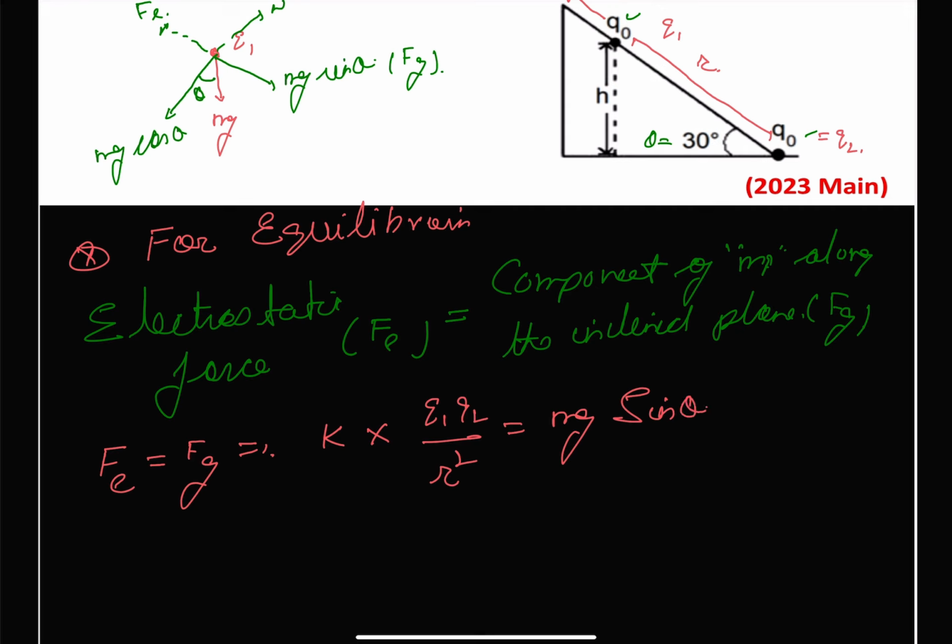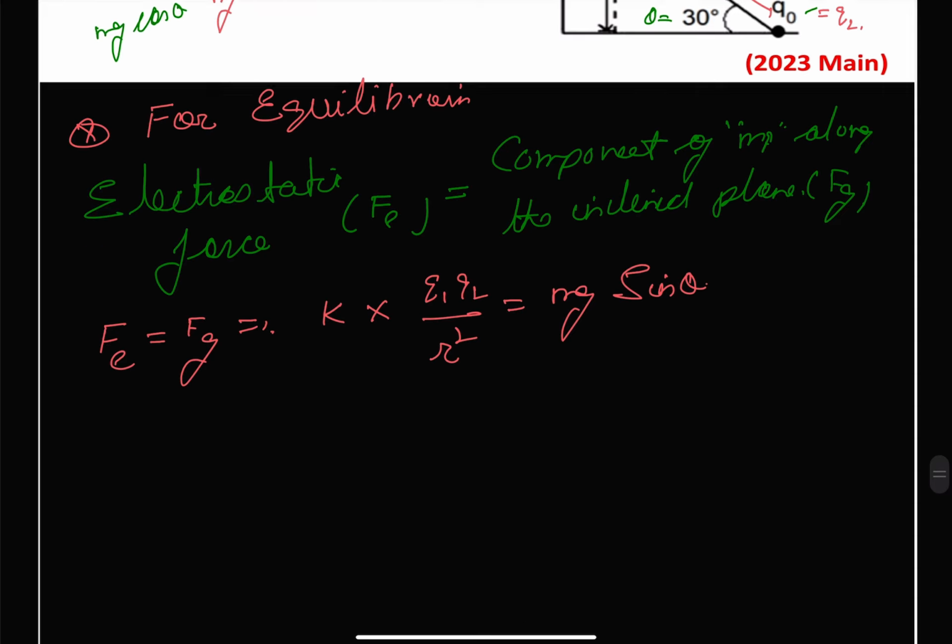And from the figure we can clearly see that sine of theta will be equal to h upon r. So we can write it as k into q naught square upon r square is equal to mg times h upon r.